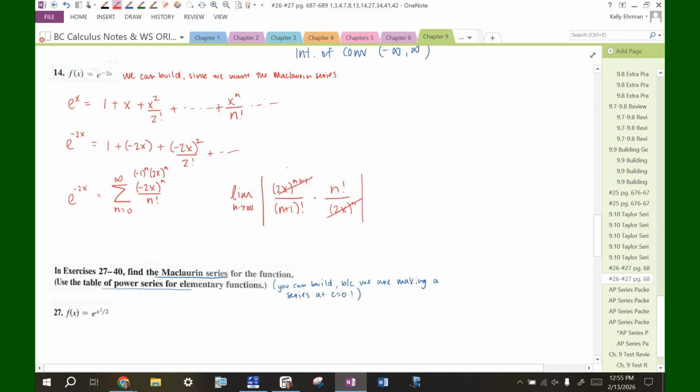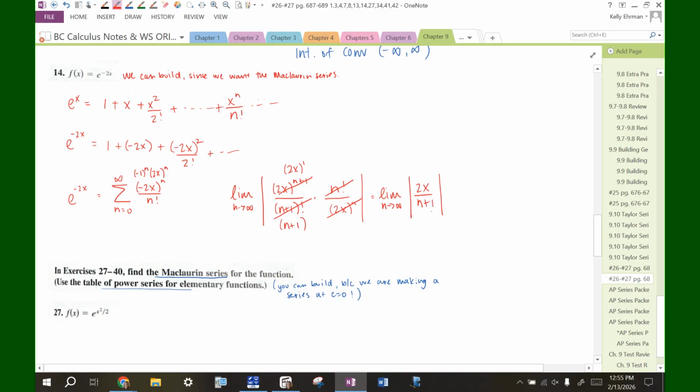So those are going to cancel, and we'll just have 2x to the first. And then n factorial and n plus 1 factorial cancel to leave you with just n plus 1. So this is the limit as n approaches infinity of the absolute value of 2x over n plus 1.